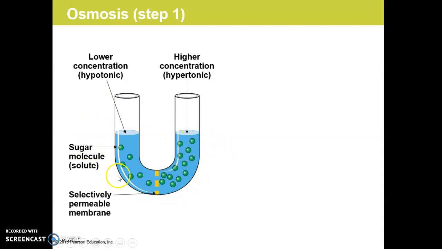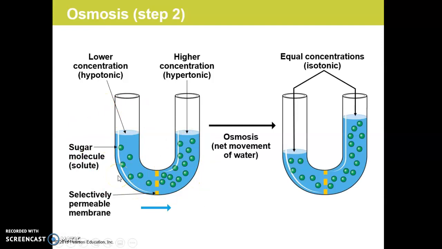Osmosis is going to occur, and the water is going to move from the left to the right, in order to balance out the solute concentration, creating isotonic solutions. Isotonic is when two solutions have equal solute concentrations.